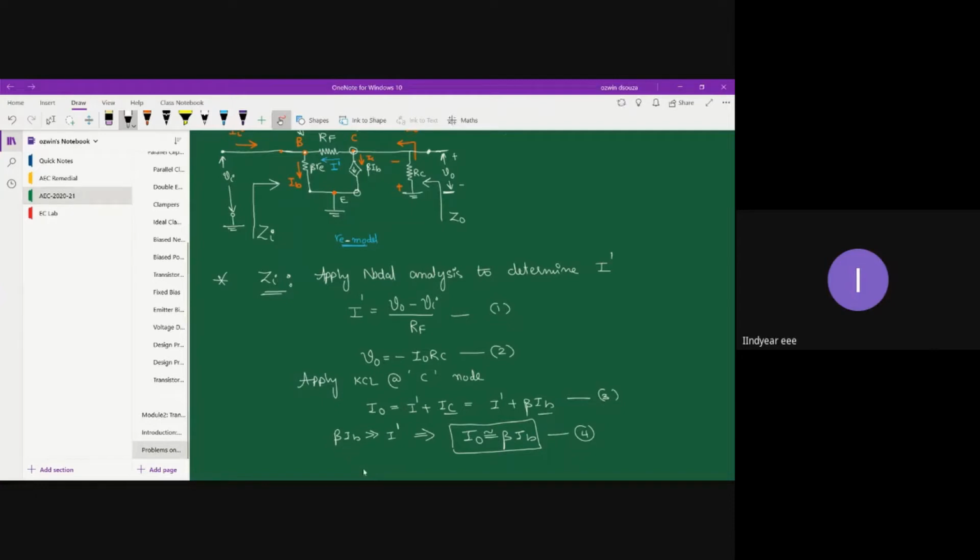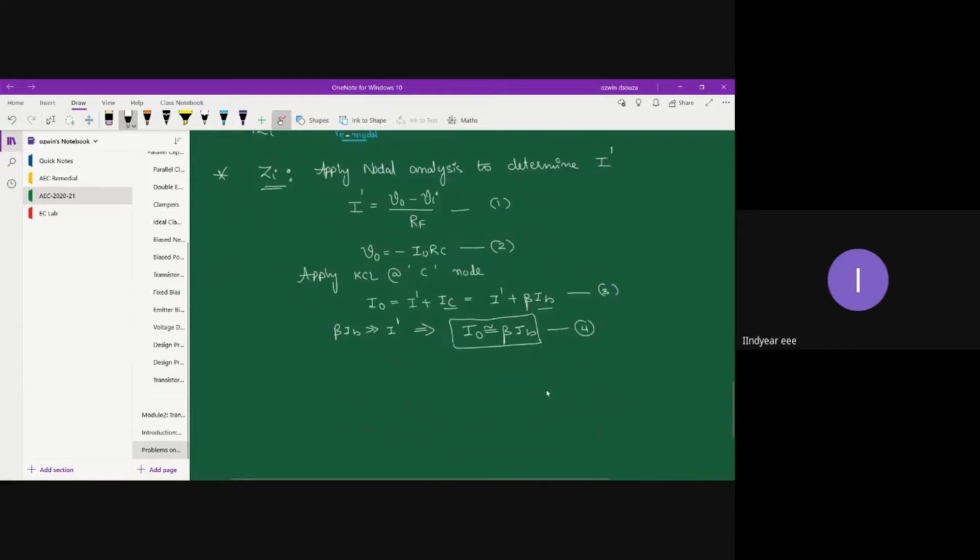It is based on the fact that beta IB, which is IC, is very large in comparison with I dash, because I dash flows through RF, and the RF value is generally very high. This RF also helps in keeping the base current under check. So that's the approximation we follow on the output side, and I naught becomes beta times IB.